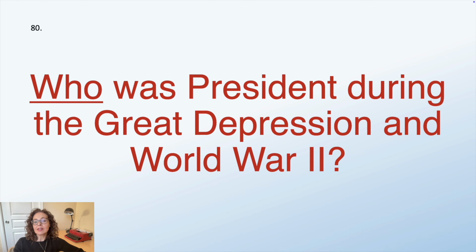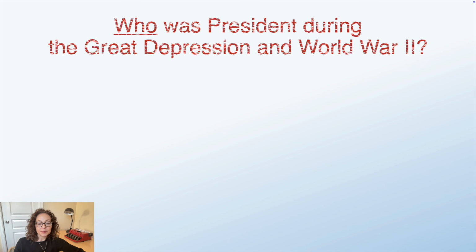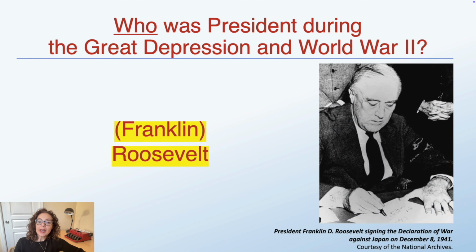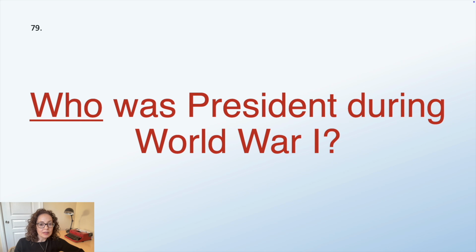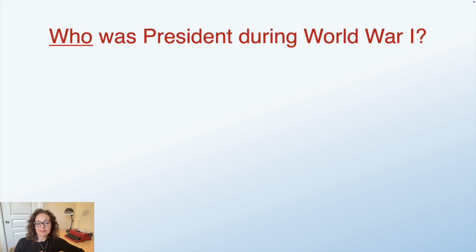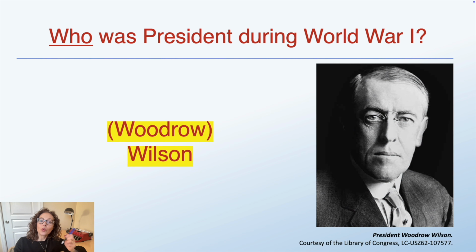Who was president during the Great Depression and World War II? That was Franklin Roosevelt. Who was president during World War I? The president during World War I was Woodrow Wilson.